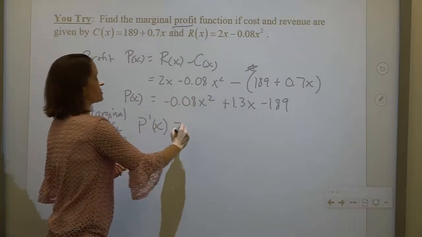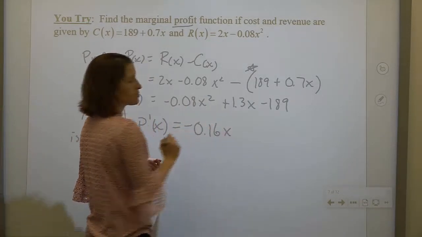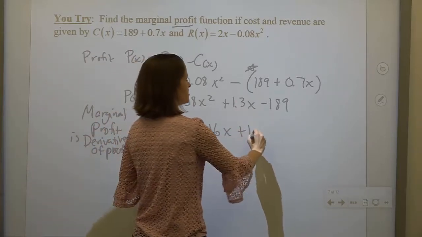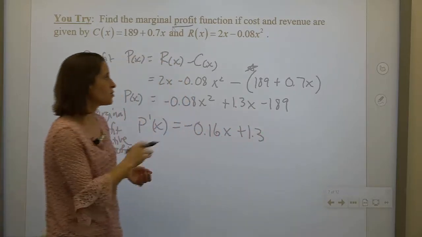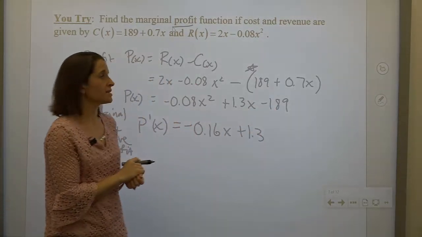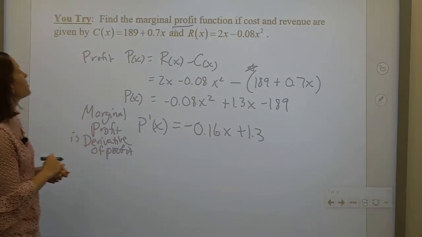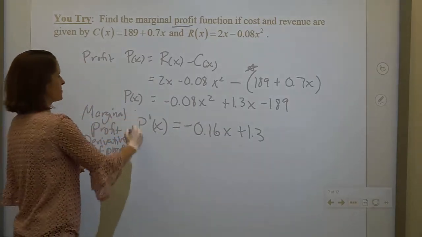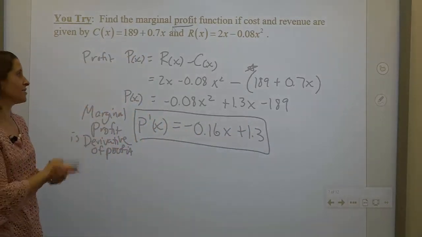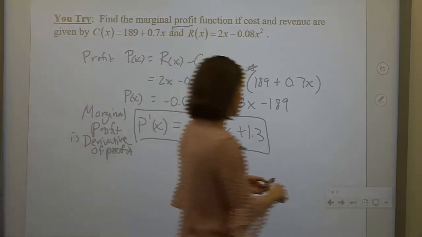I bring down the power, multiply it by what was already there, and subtract 1 from the power. And here, if it's a constant times x, it just ends up being that constant because it's the slope of the line, 1.3x. And then remember, the derivative of the constant negative 189 is 0. So that would be my marginal profit function. That's all. We had to do revenue minus cost and then take a derivative. So we've got different keywords, and marginal now is another one for derivative.